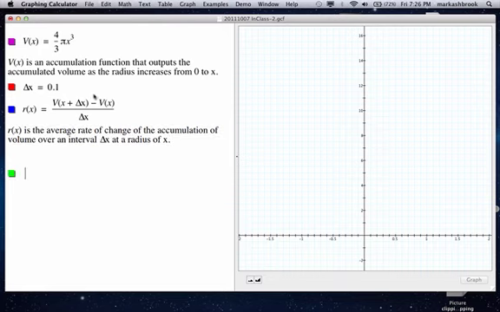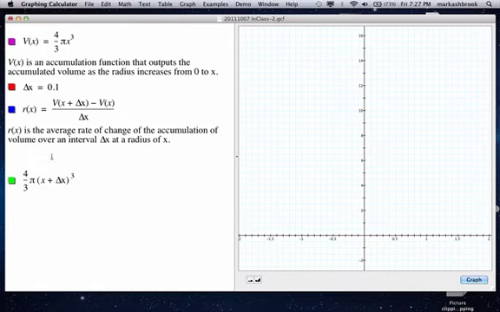So this first expression here, v of x plus delta x, is we're going to take that input, cube it, and then multiply it by 4/3 pi. So that's v of x plus delta x.